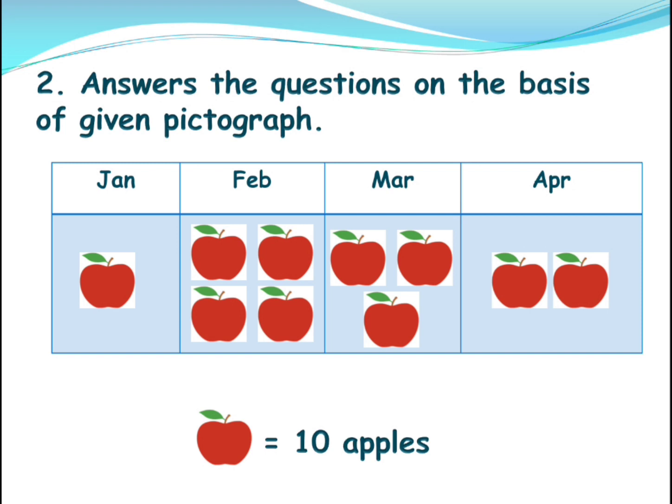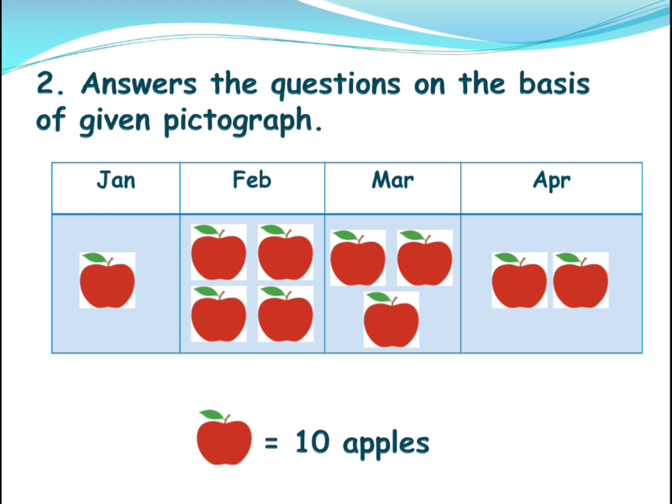Now, in the previous topic they only gave information like how many notebooks each person has. We sorted that information in a table and wrote it using tally marks, isn't it? Now let's see how to put that same data in a pictograph.